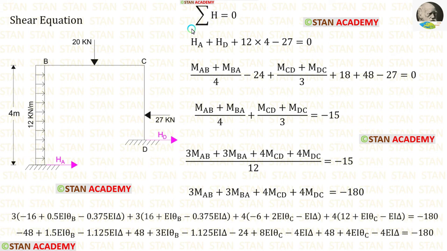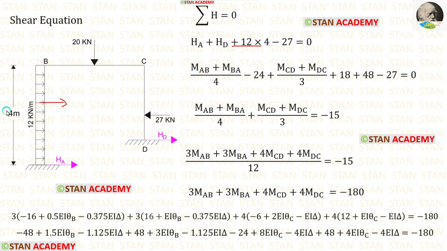Now, in the frame, let us apply the rule sigma H is equal to 0. HA and HD are acting towards the right side, so both of them will be positive. The UDL is also acting towards the right side, so it is also positive.